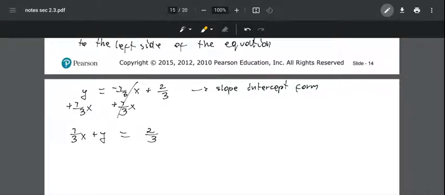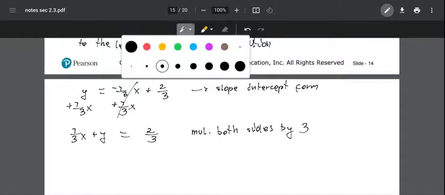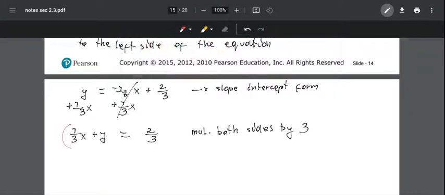So this is already standard form, but for standard form, we prefer that the coefficients are integers. So what you can always do is multiply both sides by 3. I'm going to multiply the left side of the equation by 3 and the right side by 3.